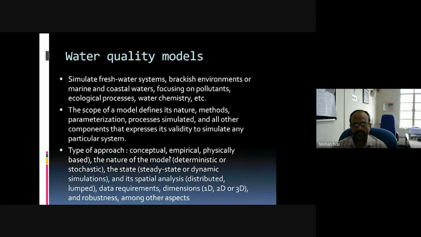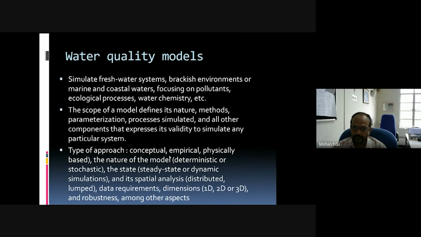So similarly, there are water quality models which are being used to predict the impact of industry or a development activity on the surface water or groundwater, or anywhere, even inside the marine environment. If there is a leakage or if there is a dispersion of pollutants in the marine environment, we can use different models and analyze the impact of pollution.